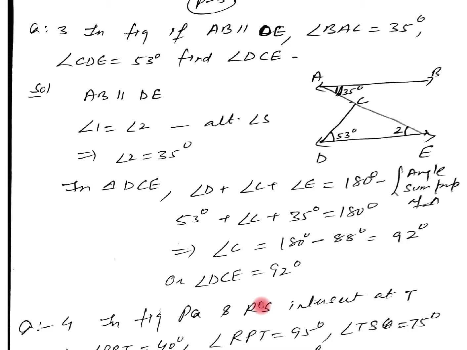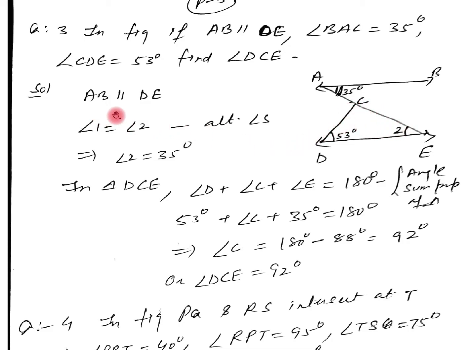Now let us see the next question. In the figure, AB is parallel to DE, angle BAC is given to be 35 degrees, and angle CDE is given to be 53 degrees. We have to find angle DCE. It means we have to find out this angle DCE. We can easily mark this angle.